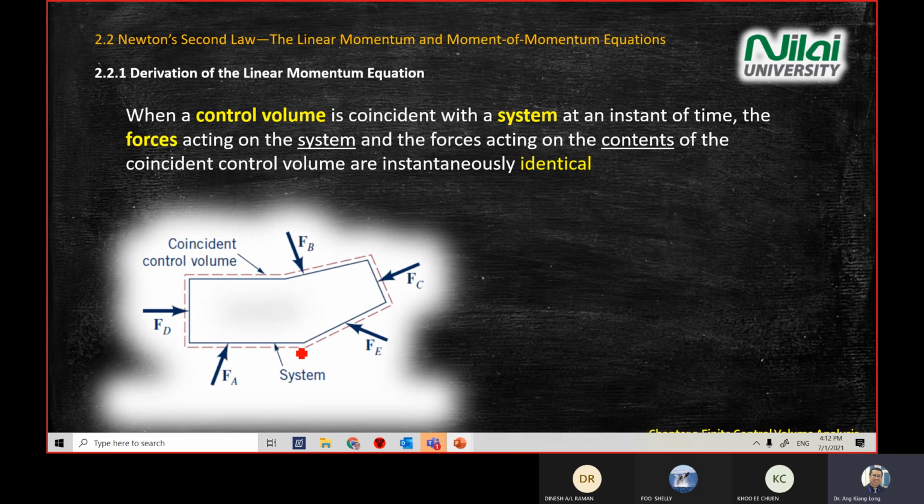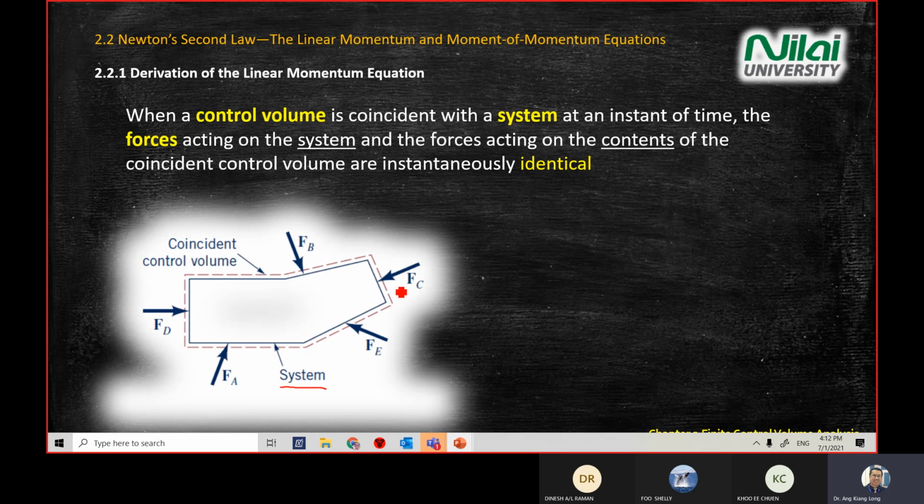The solid line is normally known as the system, and the control volume is what we are interested in, to know what is happening inside this domain. And because we deal with forces, the forces will always act on the surface.